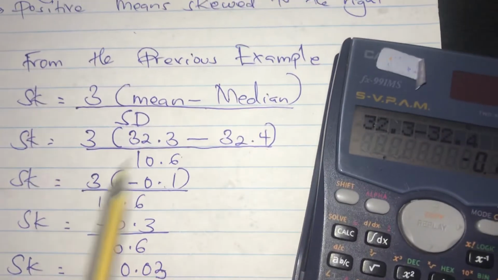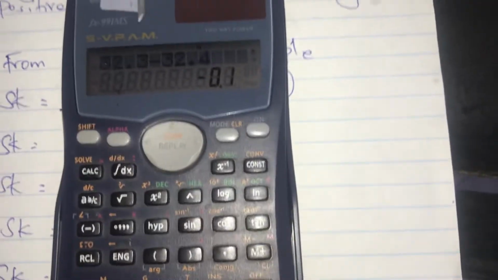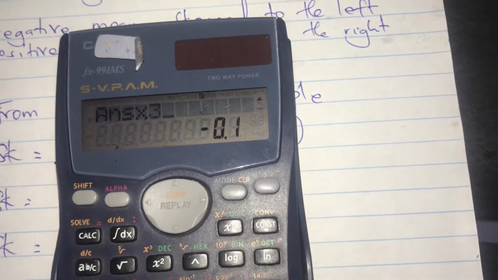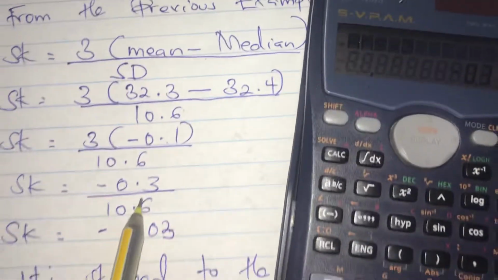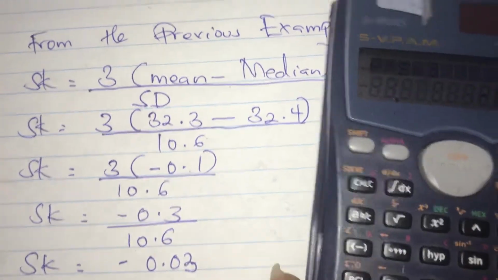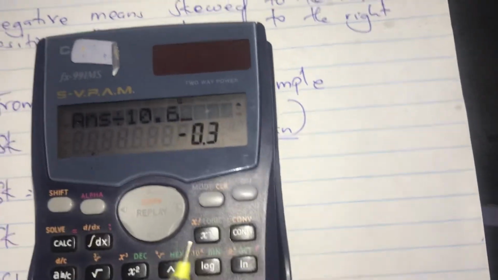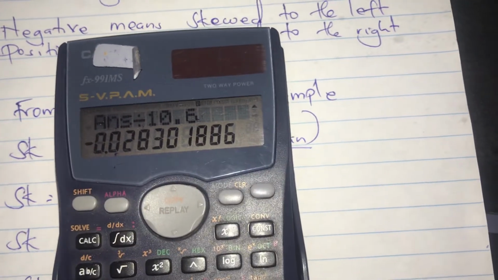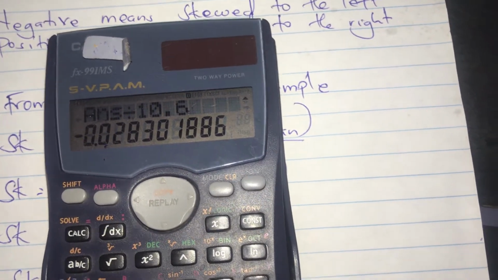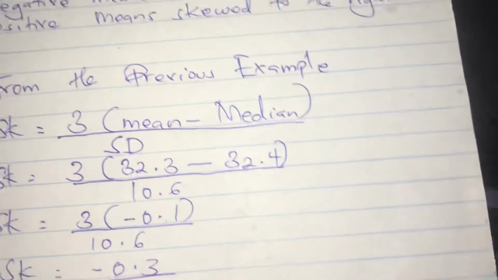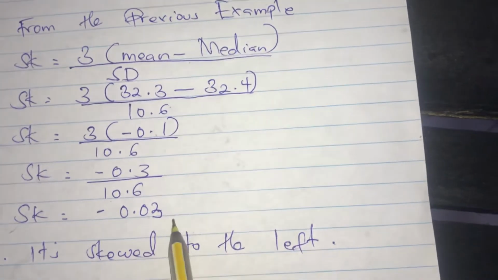Then after that we multiply by 3, times 3, it is this. Then we divide by 10.6, which gives negative 0.028, which is approximately negative 0.03.